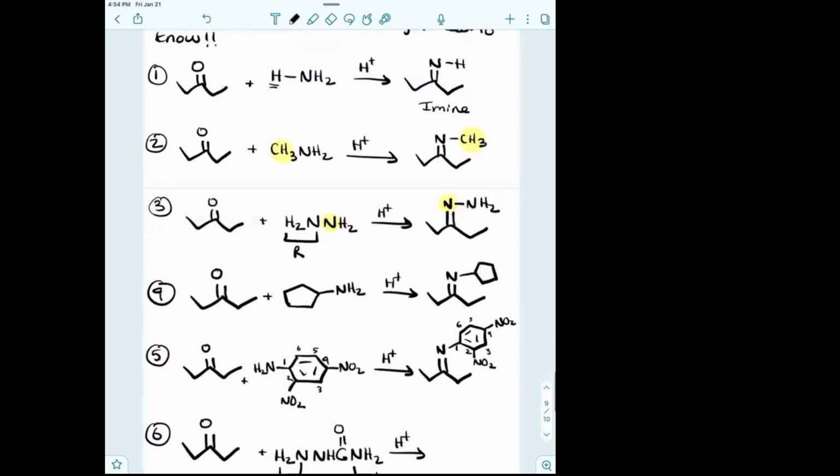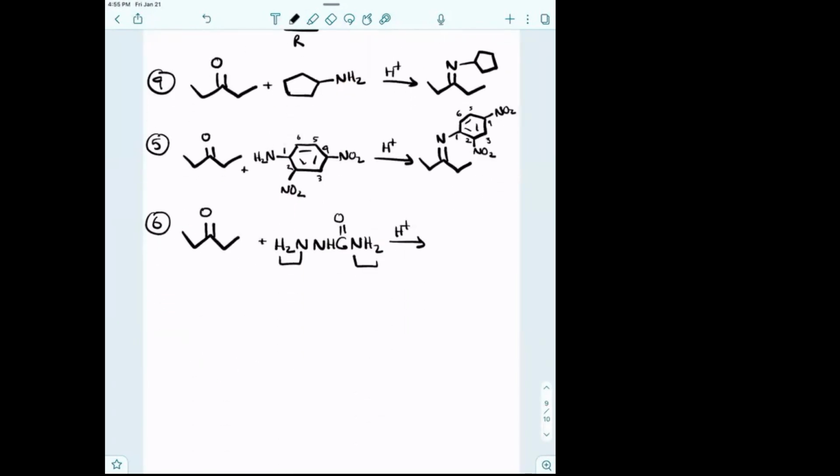Now this one's not like the last one because these were directly attached to each other, so either N could have been the double bond N. This one, it's different because this nitrogen is next door to a C double bond O, and this nitrogen is next door to an NH. The question is, which one is going to be my double bond N? It's always going to be the one that's farther from the C double bond O. So this one. That right there is going to be your double bond N, and the remainder is going to be the R group.